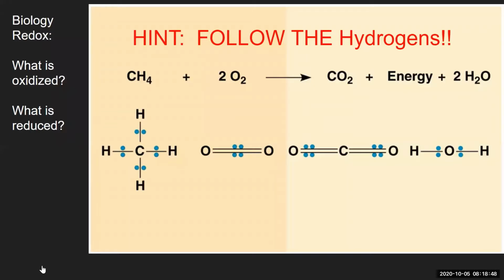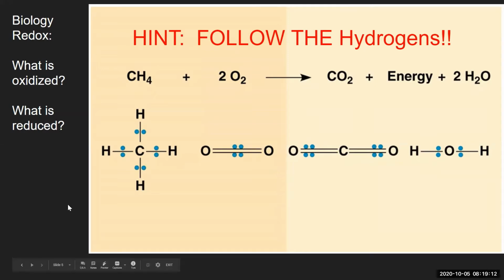So we need to kind of track where those electrons go. There's no charges here because these are all covalent bonds, but electrons are negative, hydrogens or protons are positive. We know where the electrons go if we track the hydrogens. So if we follow where the hydrogens go, that's where the electrons are.